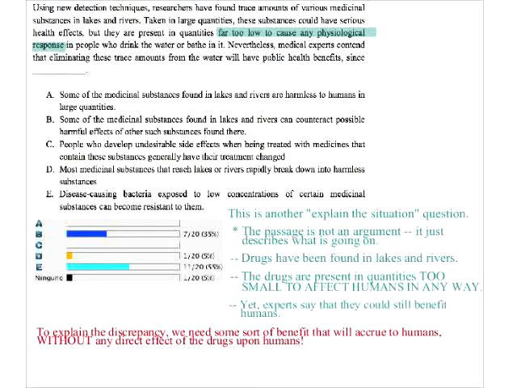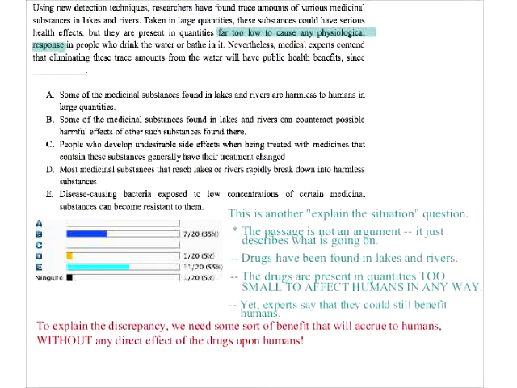Because the passage has already said that there are not enough drugs in the water to affect humans in either a good way or a bad way, just not in any way. So what we're left with is we need to find something that will benefit humans without directly affecting them. So that's what E does.